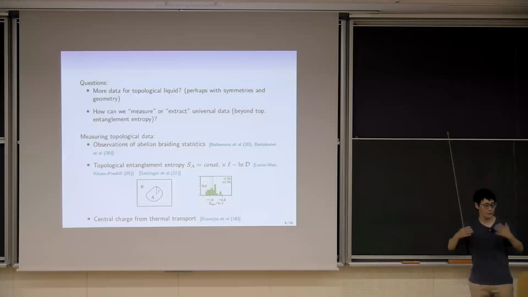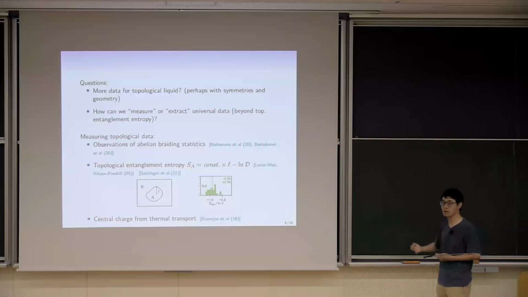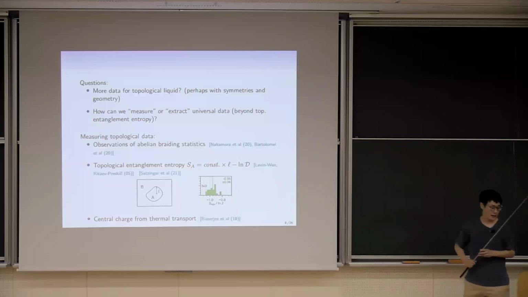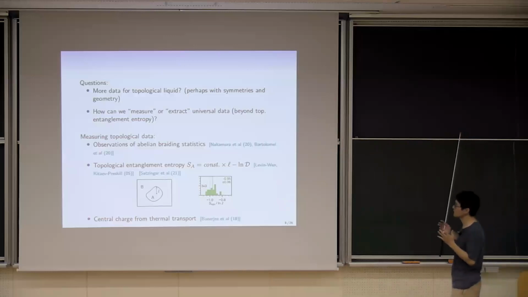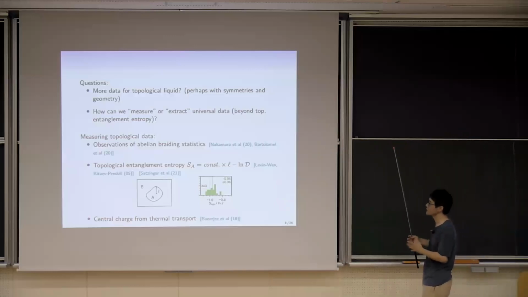So there's a quest for looking for interesting topological data or topological responses for topological states in general. But today I don't follow that path. I will just focus on the quantities which we already know. D, theta, S and C are known to exist.